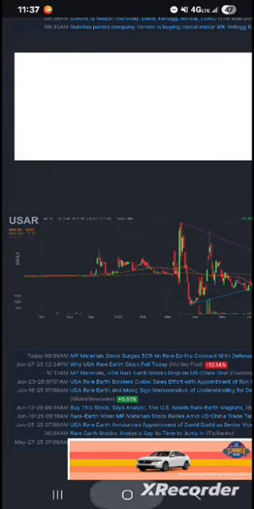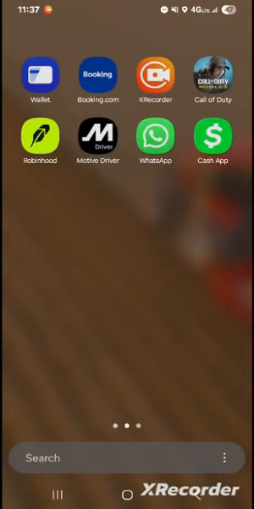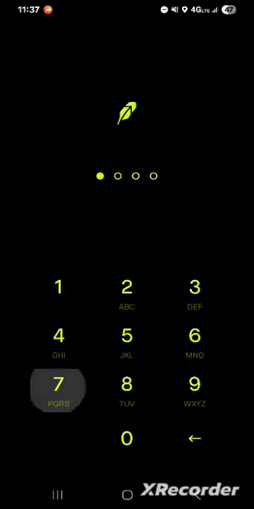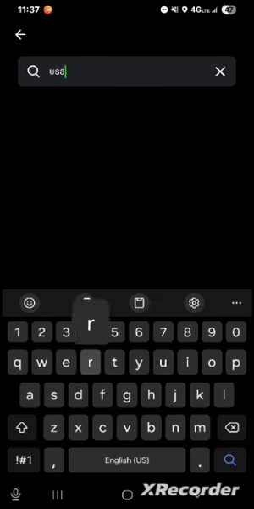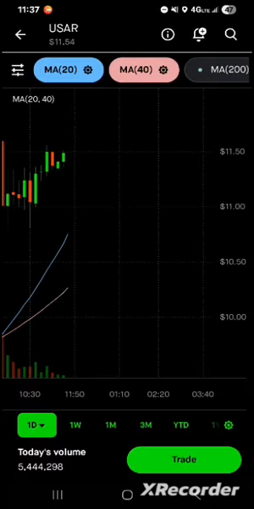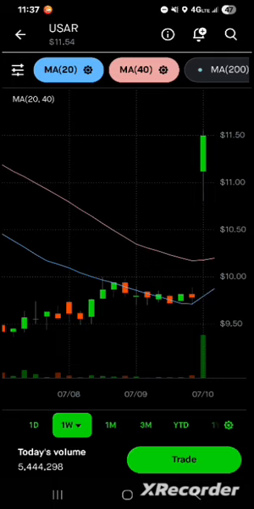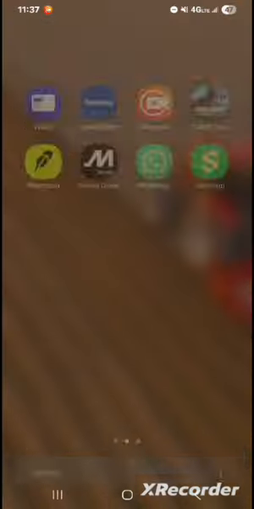USAR. Check the weekly chart. We don't see a cross happening here, so we want to keep on looking.